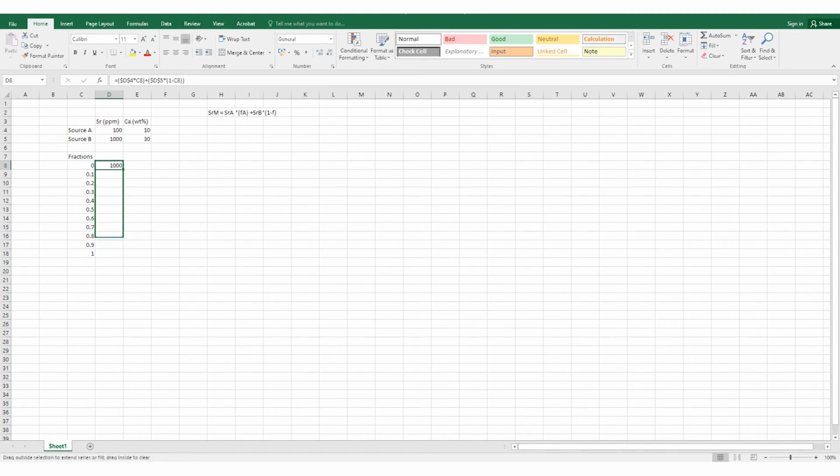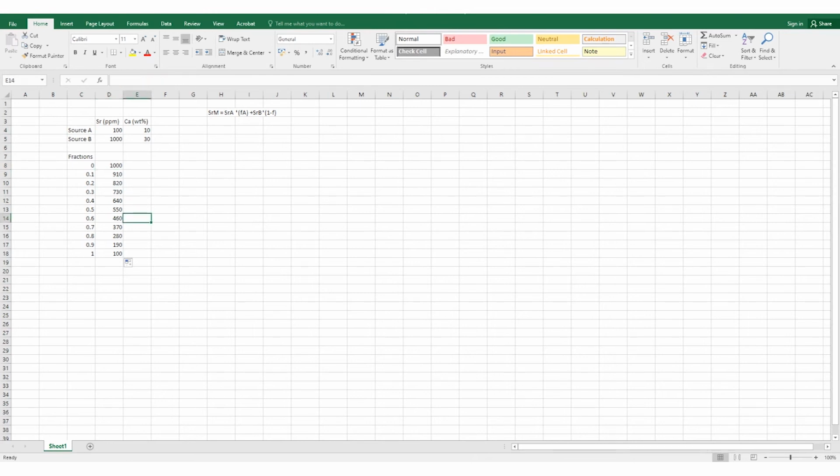If you do the same calculation for different fractions, at 100% of source A this became 100 ppm, and for source B at 0 it becomes 1000, with an internal variation between these two.